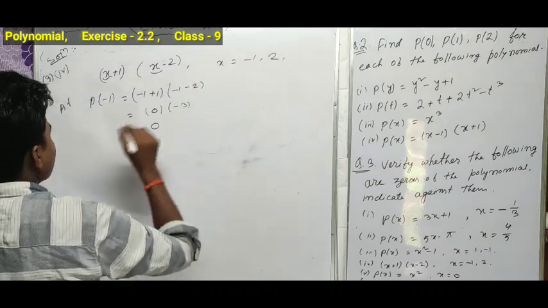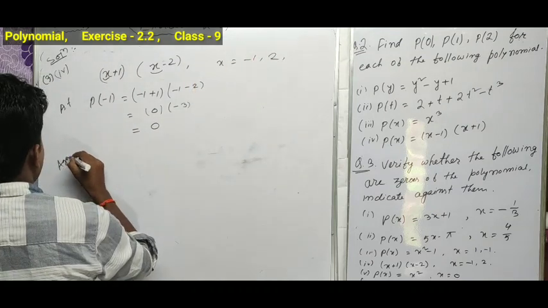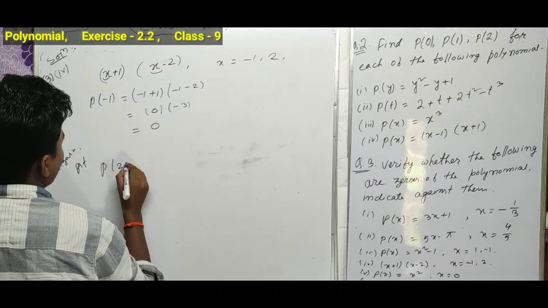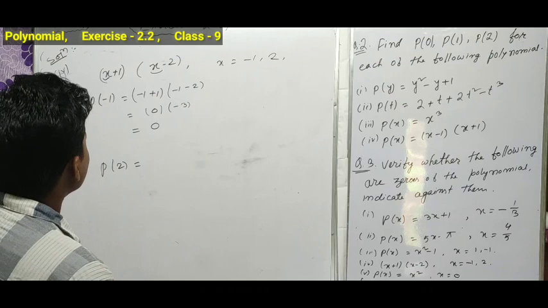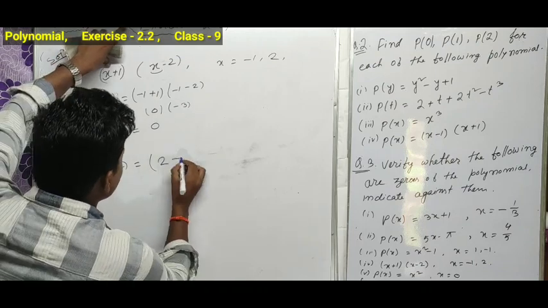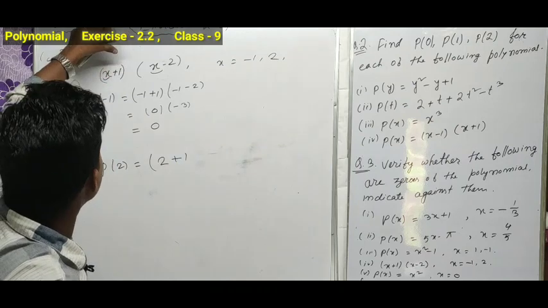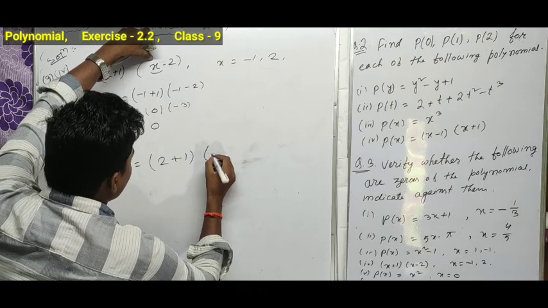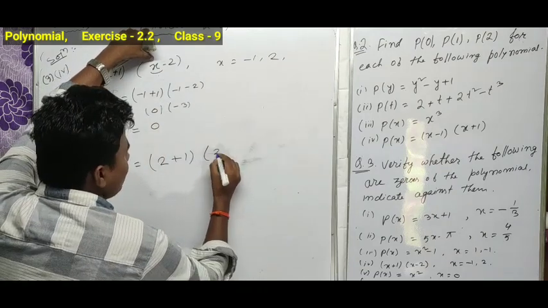Again second one is given at p2. So what value we will put in this x? We will put here now 2, plus 1 is there, we can put plus 1. So next you can see, and here we will put here 2.